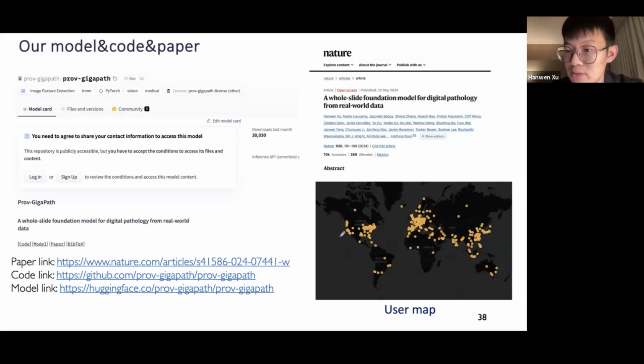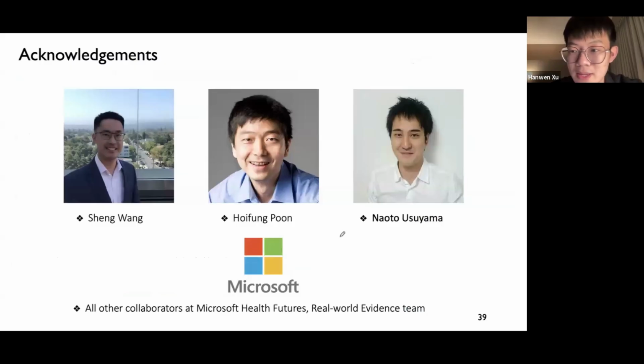We also welcome everyone interested in our model to download it, and open GitHub issues if you encounter any problems, or directly email me if you have any issues when using our model. Yeah, so I think that's the end of the talk. Let's see if our friends have further questions.